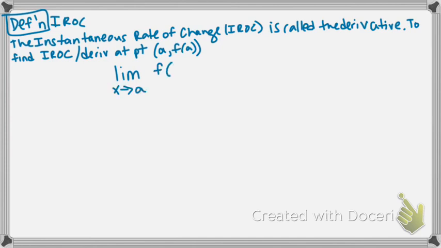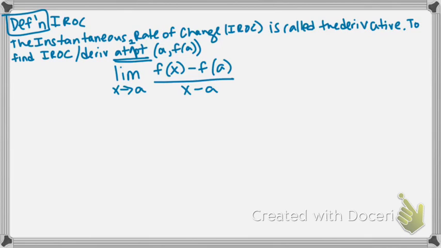Notice when you have 2 points, you do the slope formula for the secant. When you have 1 point, then we have to use this slope formula.